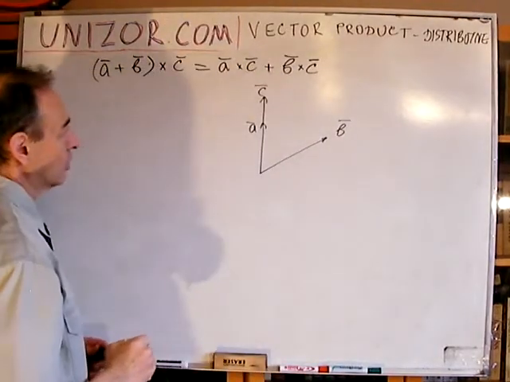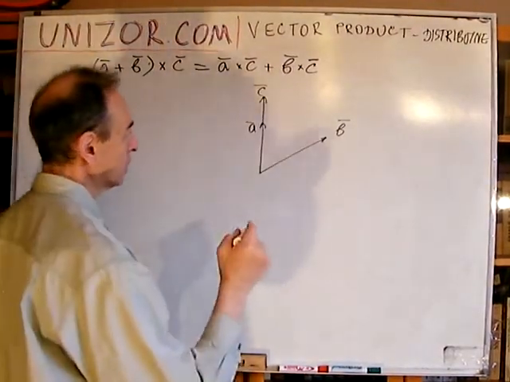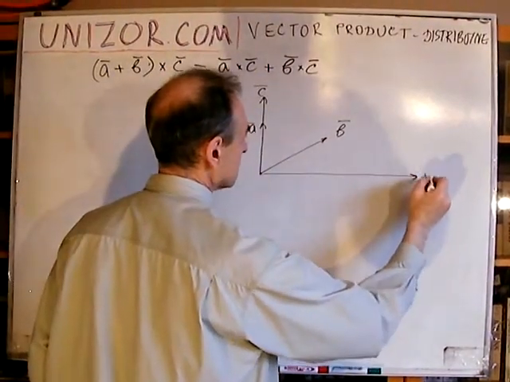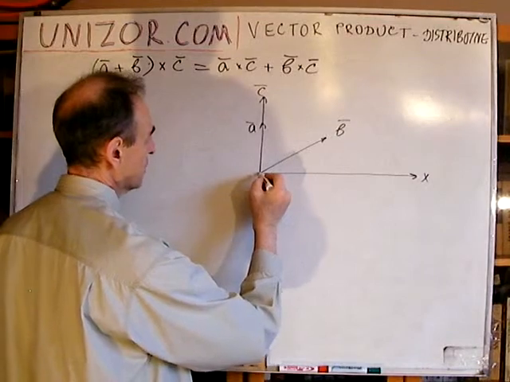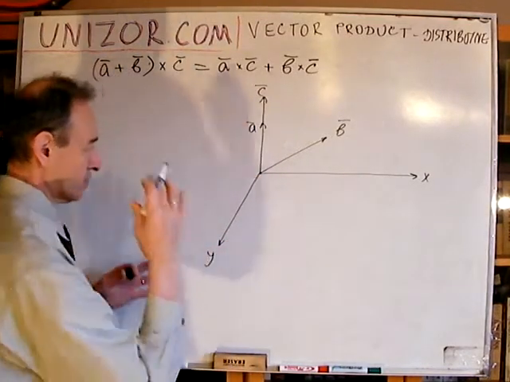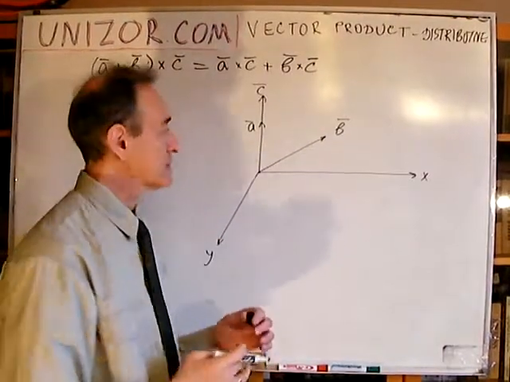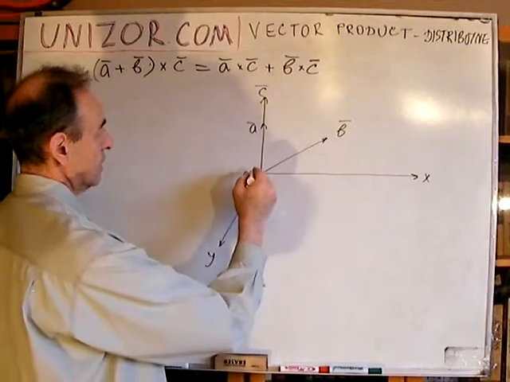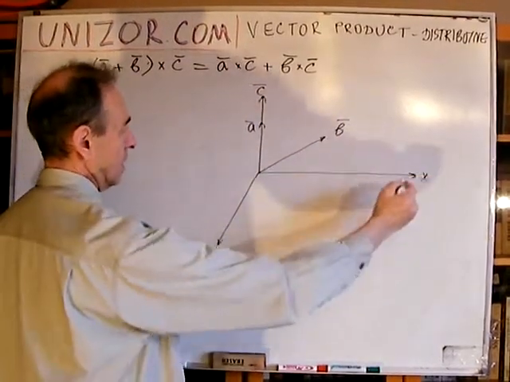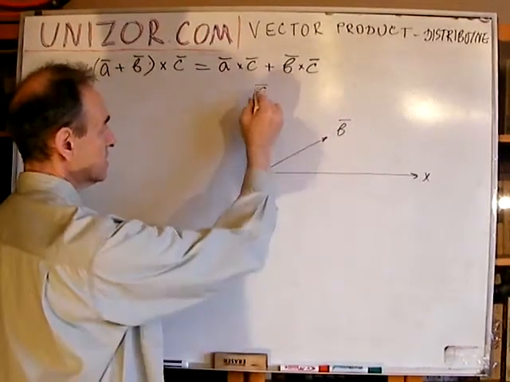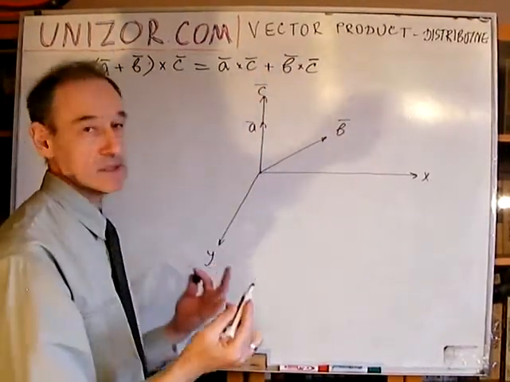Now, I will also draw coordinates, not because I need the coordinates, just because it would be easier for you to have some space feeling about the whole thing. So B is not in the plane xy, it's somewhere in the space. And C is along the z-axis in my particular case.